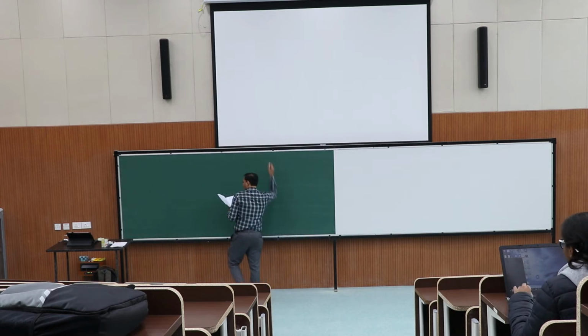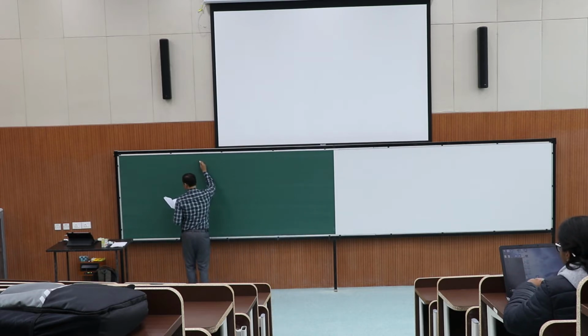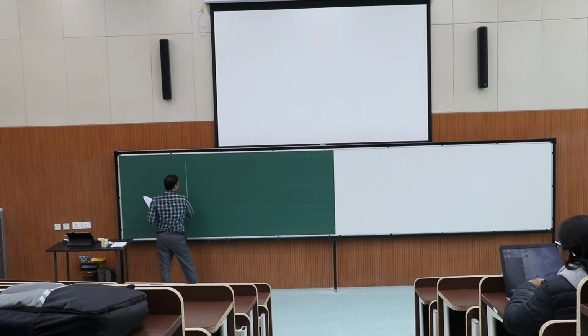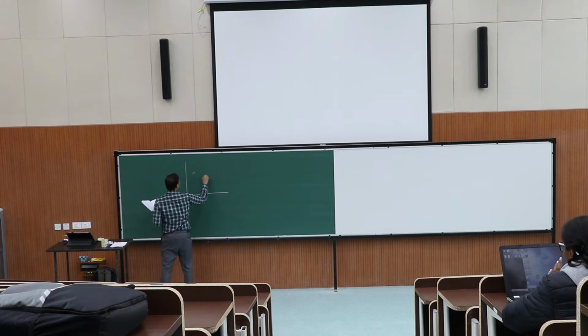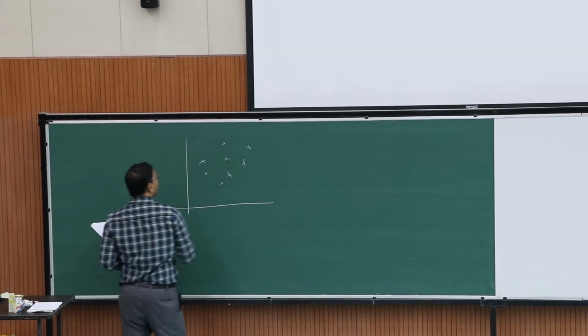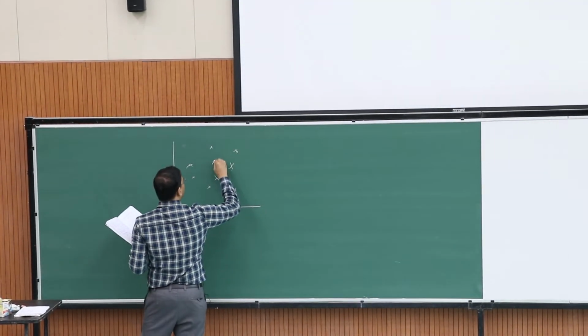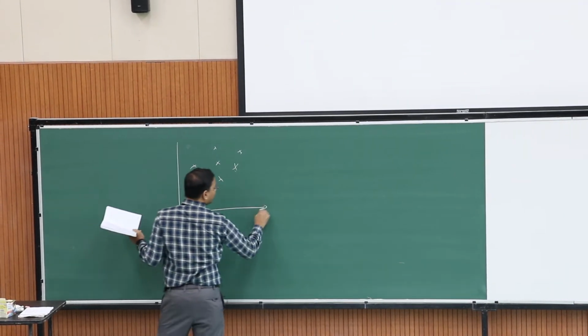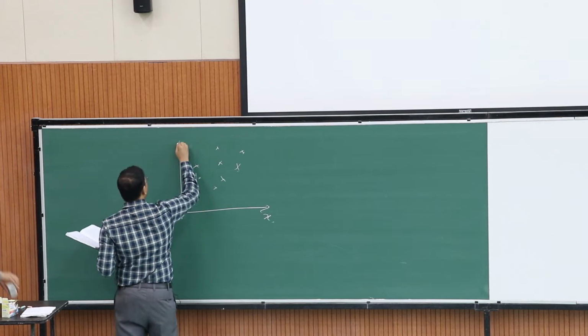Okay, so the idea was, suppose we have some points, a cloud of points, and we want to fit a line. So this is your x and this is your, say, y.